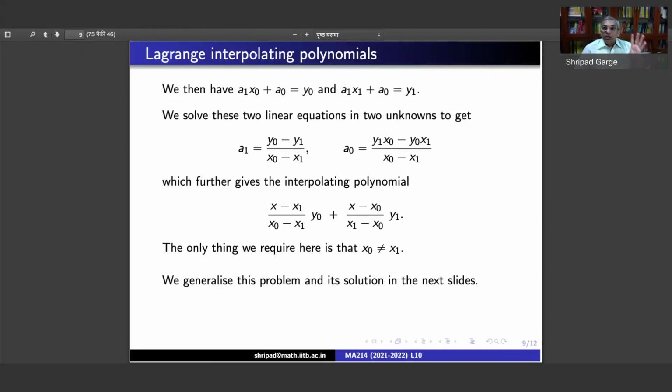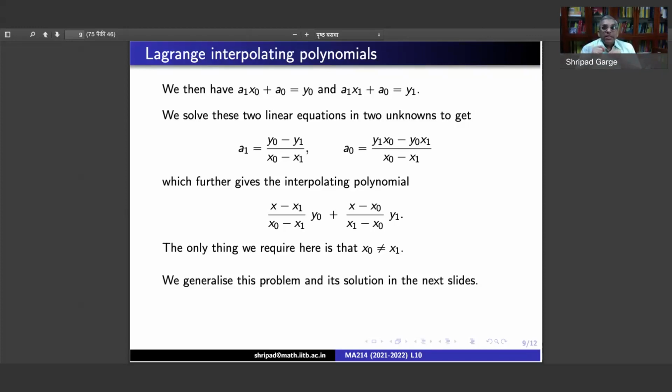Indeed, if you put x equal to x0, you are going to get x0 minus x0 in the numerator itself, which gives you 0. Whatever the denominator be, the function value is 0. And if you put x equal to x1 there, you get x1 minus x0 upon x1 minus x0, which gives you 1.